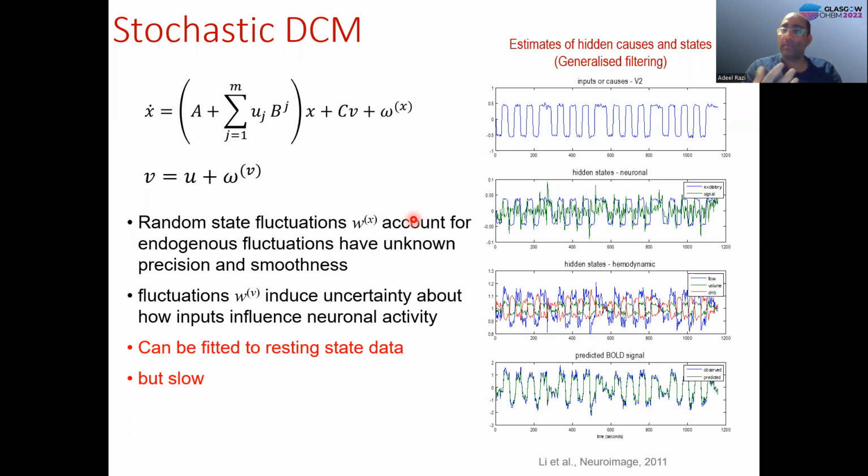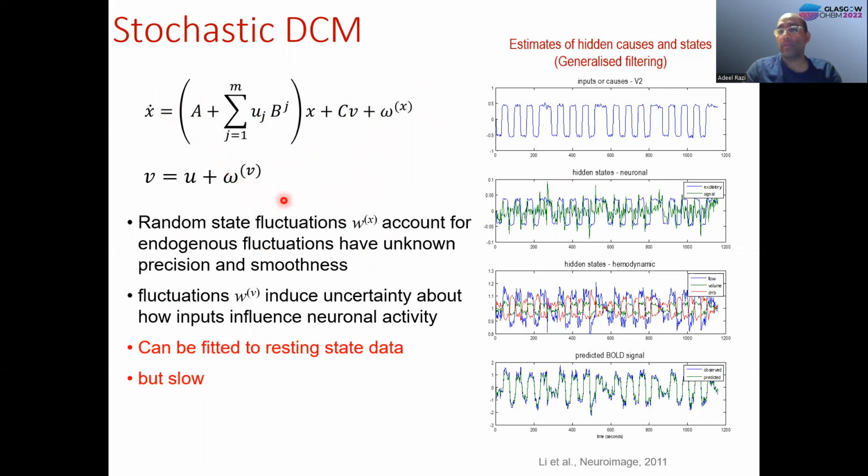If there is a resting state where you don't have an explicit U, for example, you could add these neural fluctuations as a proxy for the thoughts, and these are the driving force that changes the activity in X. Yeah.